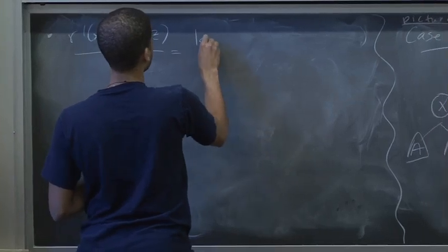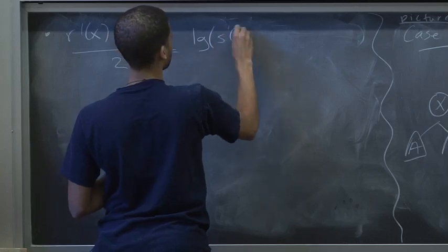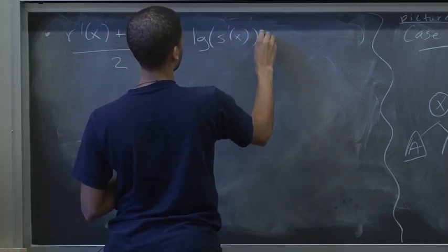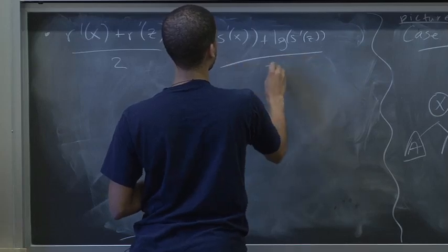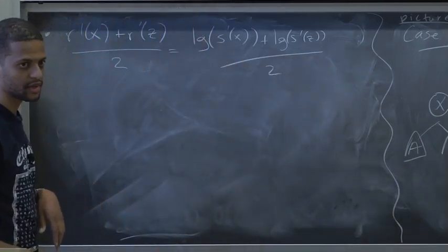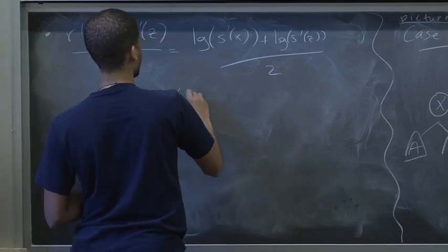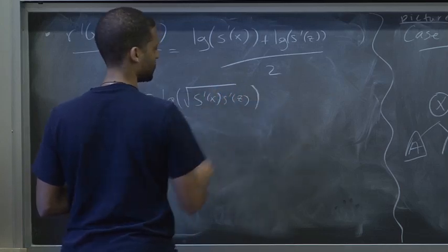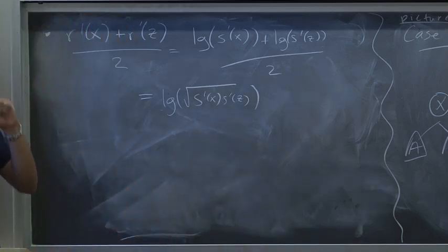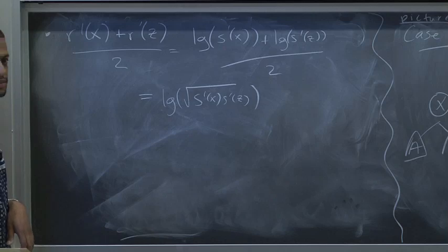This is log of S prime of X plus log of S prime of Z over 2, which is the same thing as log of the square root of S prime of X, S prime of Z. And then now we use the fact that the geometric mean is at most the arithmetic mean.